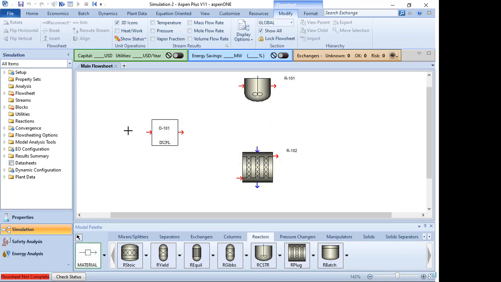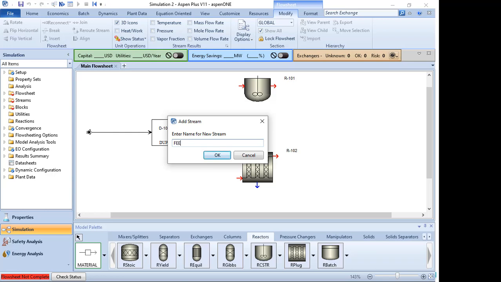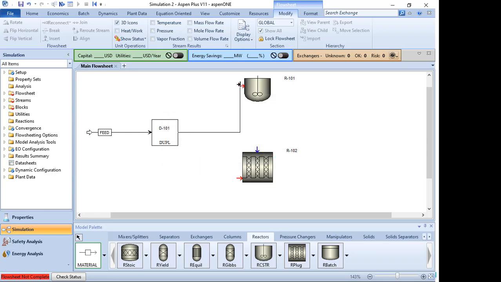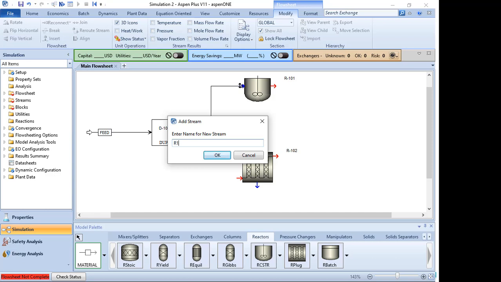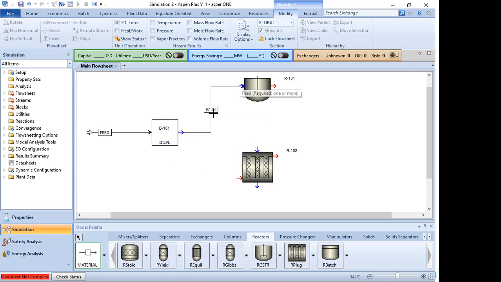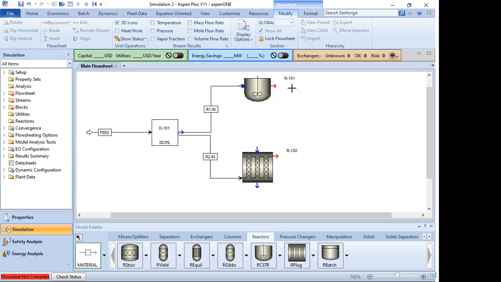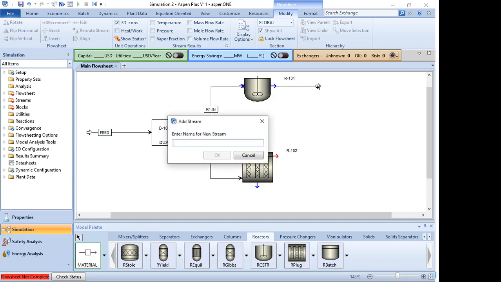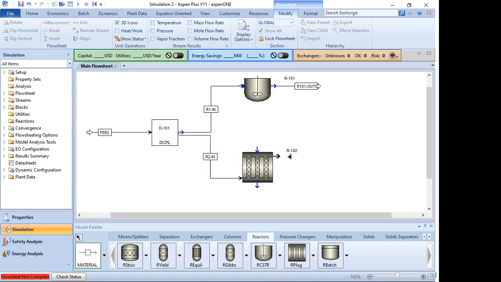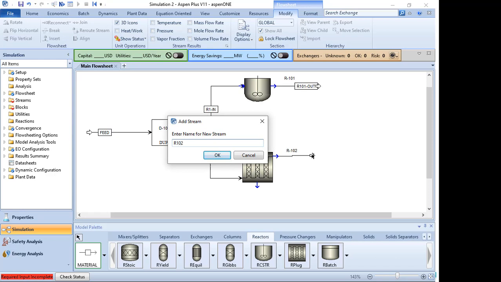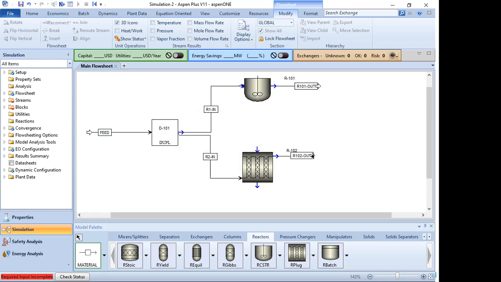And we have the material streams: this one is the feed, this one is R1 in, this one is R2 in, R101 out, and R102 out.